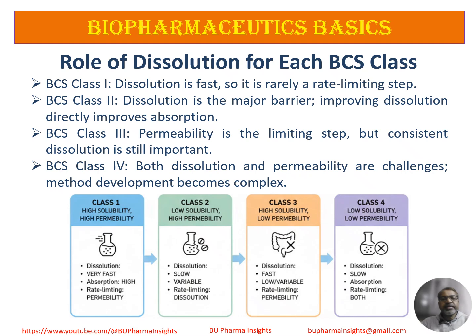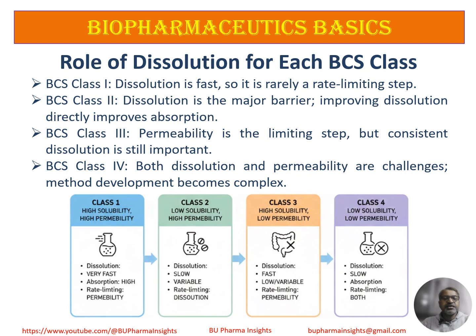Further, let's quickly connect BCS classes with the role of dissolution. BCS class 1: dissolution is fast, so it's rarely the rate limiting step. BCS class 2: dissolution is the main barrier. Improving dissolution directly improves absorption.